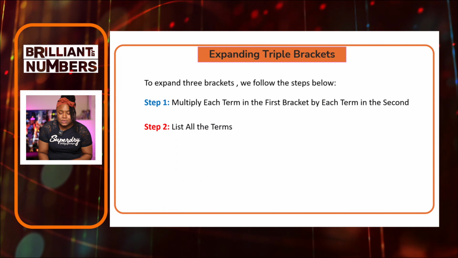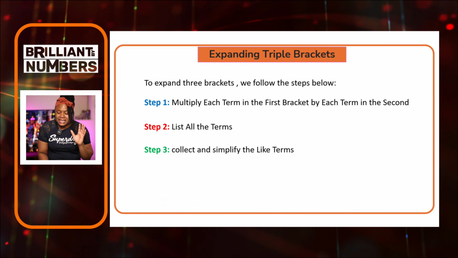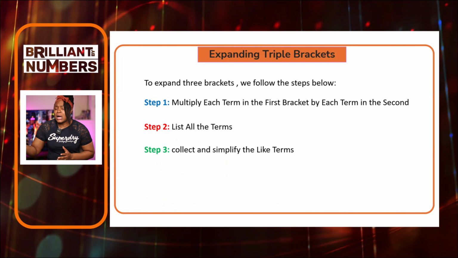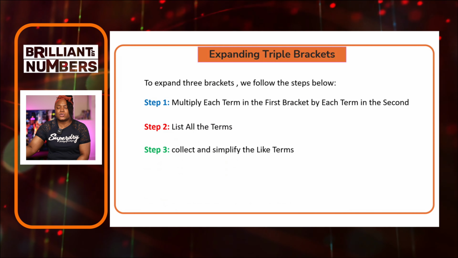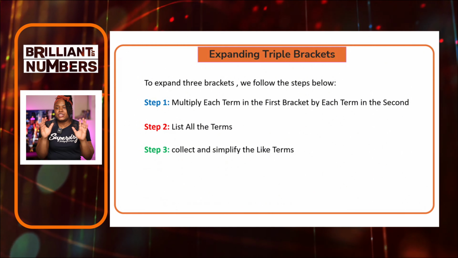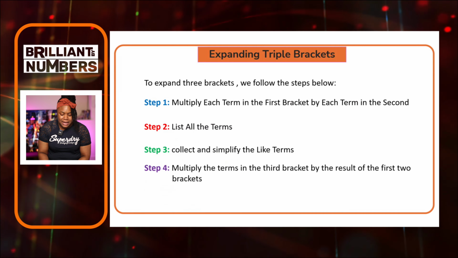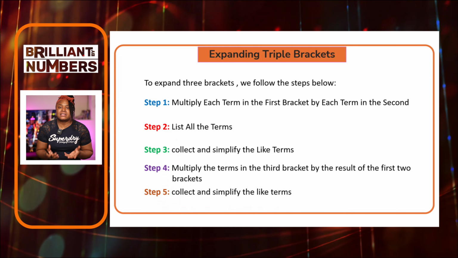Once we've done that, we're going to list all the terms, collect our like terms, but the only difference here with the quadratic and the cubic is that when we get the quadratic part, we would now use the third bracket to expand that quadratic bit. So it's just one more step, expanding 2, and then using the answer from those 2, we're going to now use the third bracket to expand those. And again, we will collect and simplify by collecting the like terms. So you've got all the basic skills from watching video 1 and 2. We're just going to simply put them together.